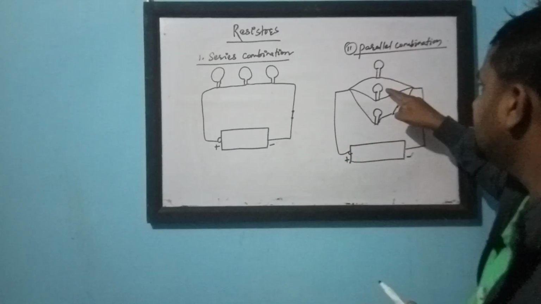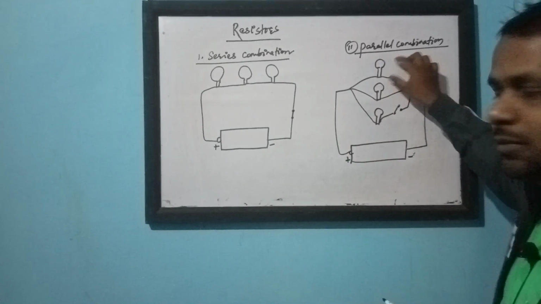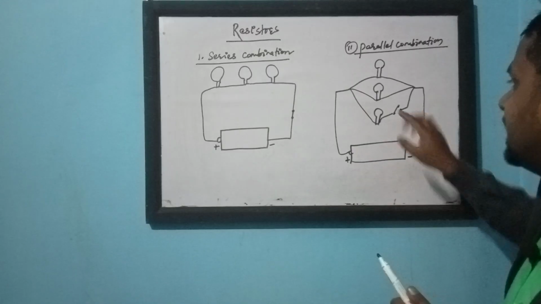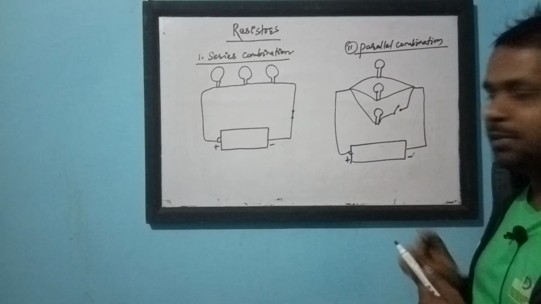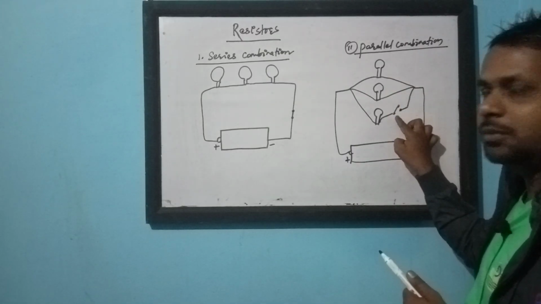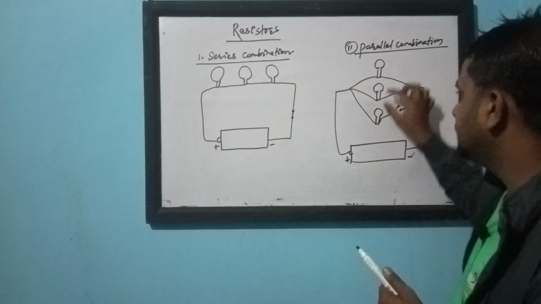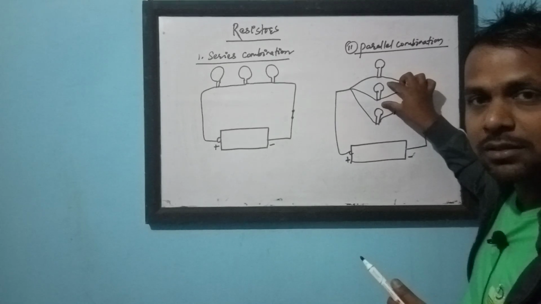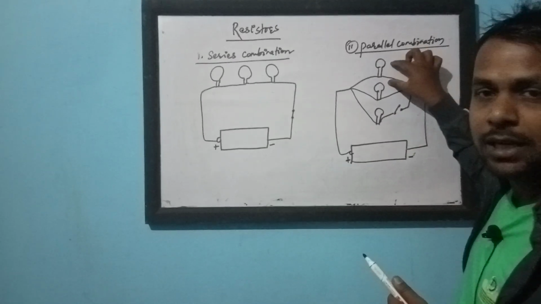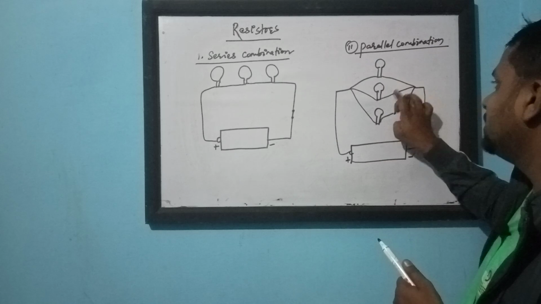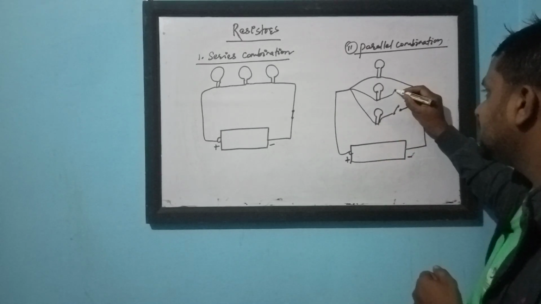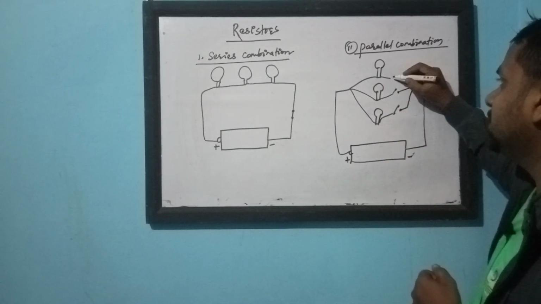They do not switch off. If we switch this off, only this circuit is open, but current can flow like this. This instrument we can run, this instrument also we can run. Separate switches can be used for separate instruments.